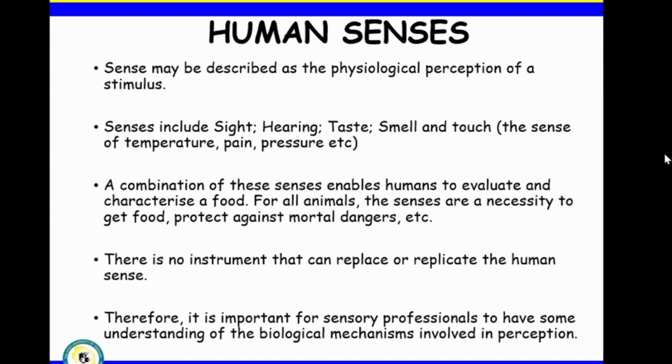What is happening so that you can smell something? Or about taste. What is happening so that you can feel that this juice is sweet, or this grilled meat is salty, or it has a nice flavor. So for all those kinds of sensation, you need to understand a little bit how the mechanism is involved in the perception of those senses.